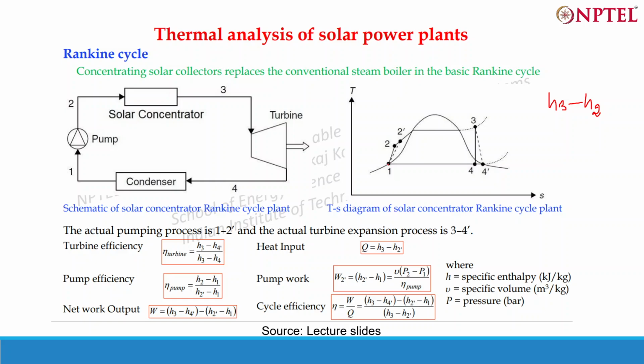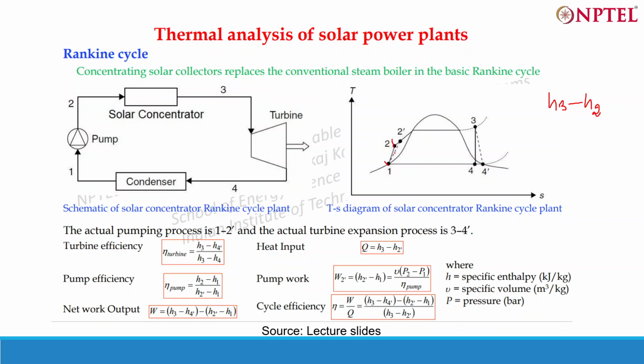The pump has to raise the enthalpy from H1 to H2, but due to some irreversibility in the pump, because work is being provided here, instead of, let's say, 1 kilowatt of work to make the water reach the enthalpy value at H2, it will require 1.2 kilowatt or something because of some pump loss.